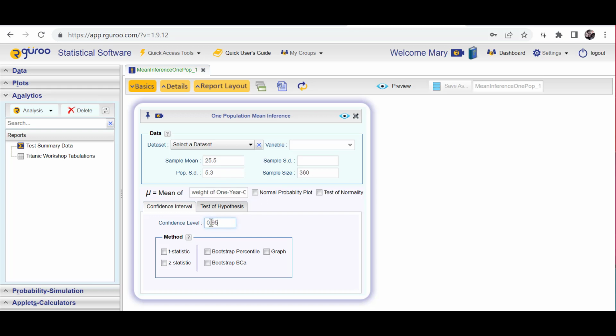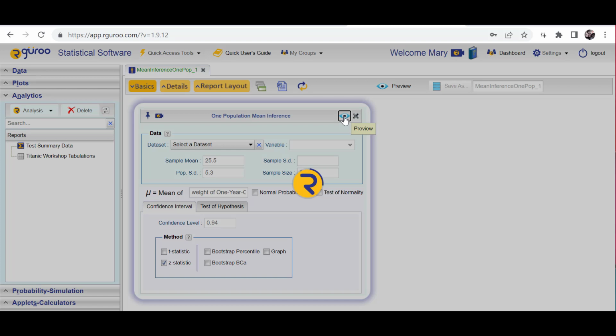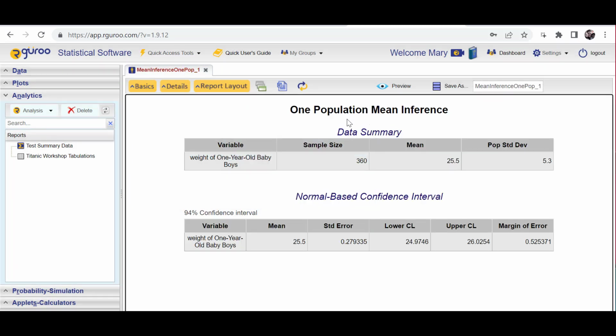Our confidence level was 94%, so 0.94, and we choose the Z statistic again. And it looks like we get 24.9746, which is the same as 24.975 that we wrote down earlier. And the upper boundary is 26.025, which we also wrote down earlier. So same thing.